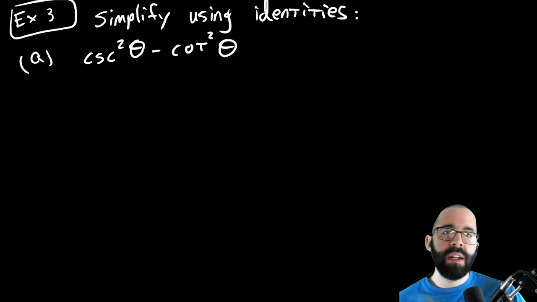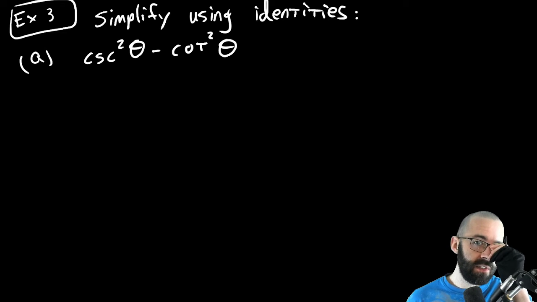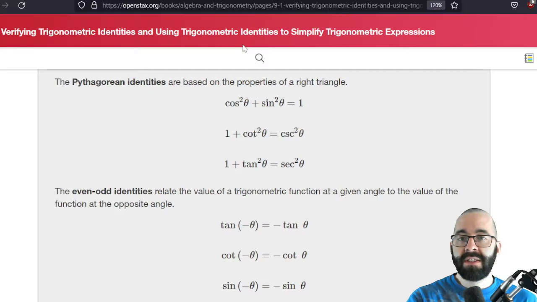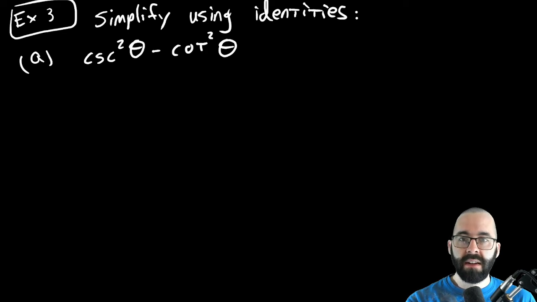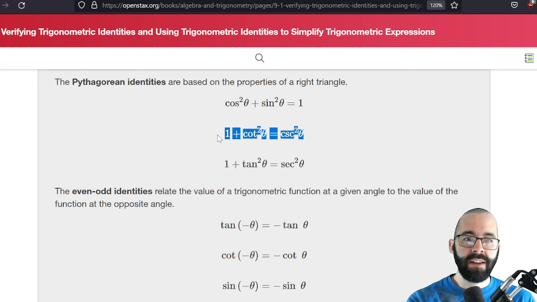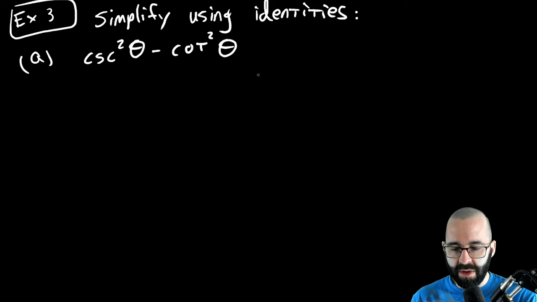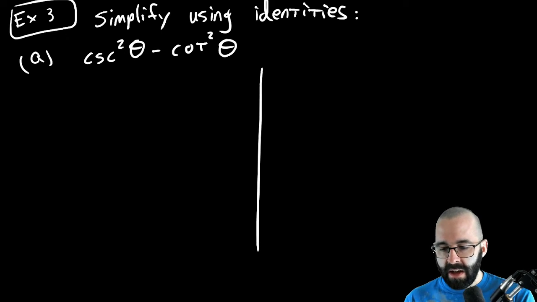All right, but we need to combine these terms. So there's a bunch of ways of approaching this problem. So the quickest way of approaching this problem is to say, look at this Pythagorean identity. This Pythagorean identity relates cosecant and cotangent. So I'm going to just show you two different ways, right?